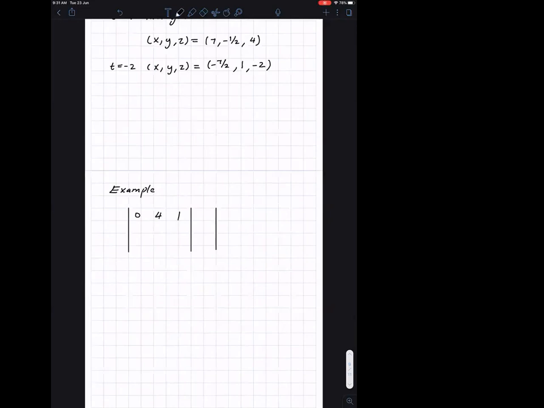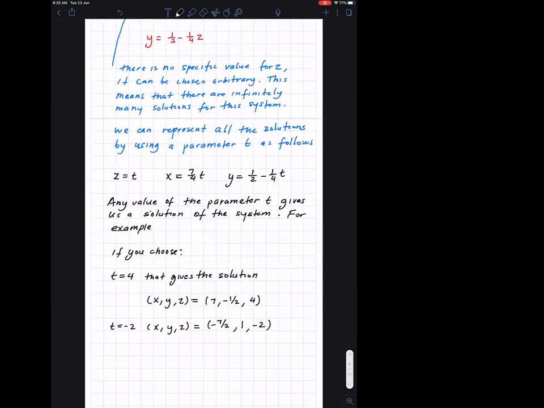Zero, 4, 1, 2, 2, 6, minus 2, 3, 4, 8, minus 5, 4. I'm doing this problem here.